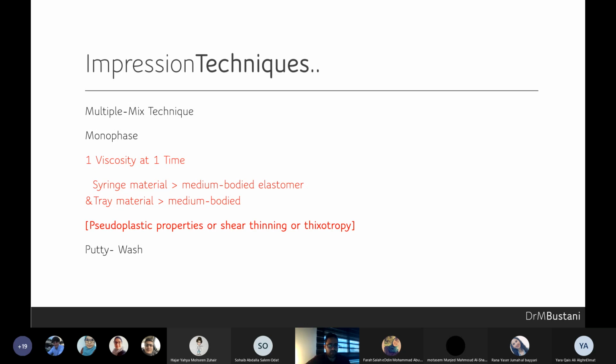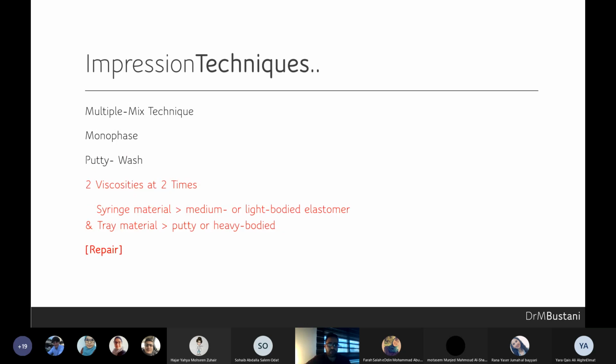The last technique is the putty and wash. It's mainly used with C silicone because of the high polymerization shrinkage. So you load your tray with the putty or with the heavy body. You take an impression, wait until it sets. You take it out of the patient's mouth, and then you use the other material, which is the medium body or the light body.